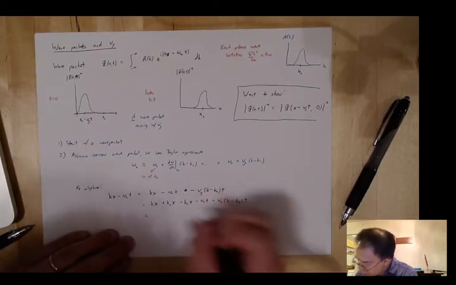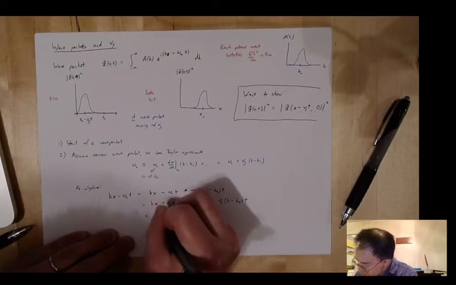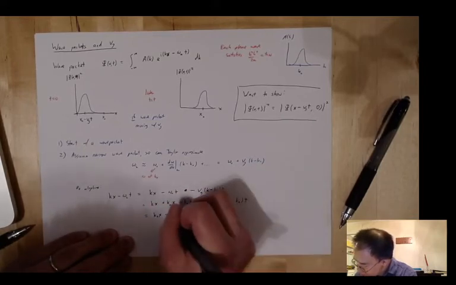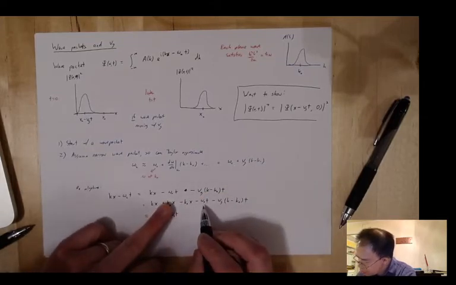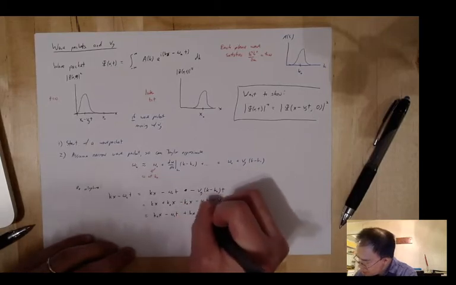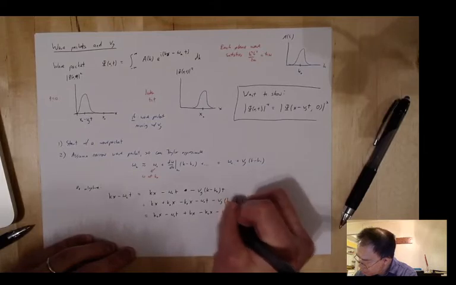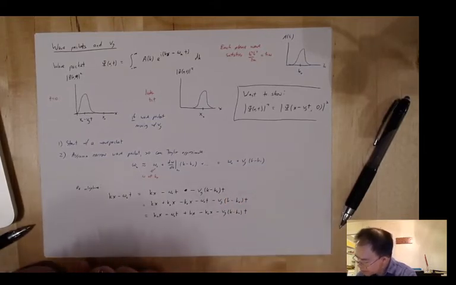That leaves me with k naught x minus omega naught t. Now I've got the rest of these terms: plus kx minus k naught x minus vg times k minus k naught times t.